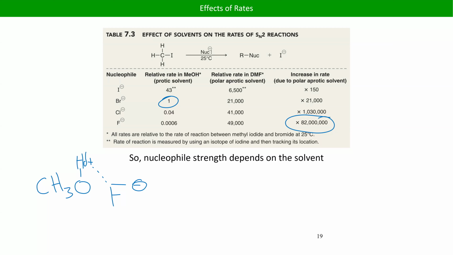Even if you fit a whole bunch of methanols around an iodide, it's still a big ball of negative charge that can still come in and react as a nucleophile. Fluoride, though, can almost get completely obscured and surrounded by these methanols to the point where it almost can't react.